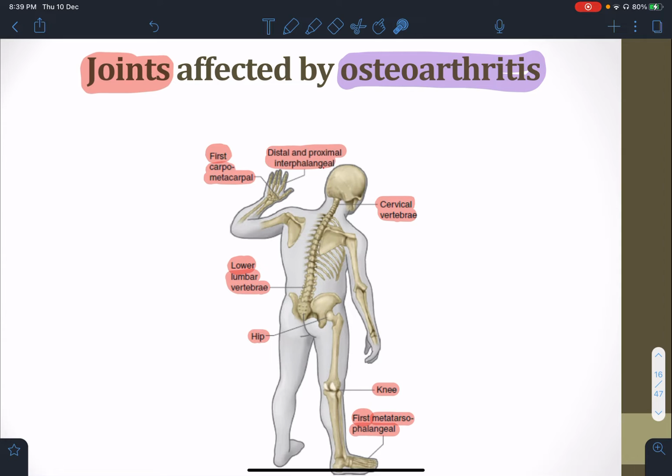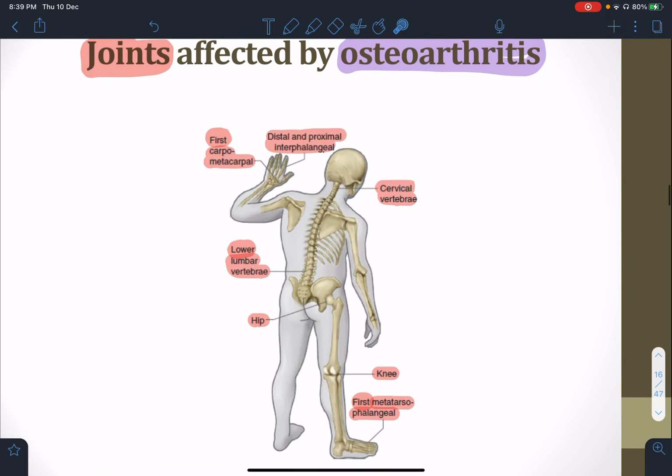Joints are affected by osteoarthritis. There are multiple areas where you can notice some osteoarthritis, especially the hand and the hip. We can specify more areas: the first carpometacarpal, the distal and proximal interphalangeal, the cervical vertebrae and the lower lumbar vertebrae.